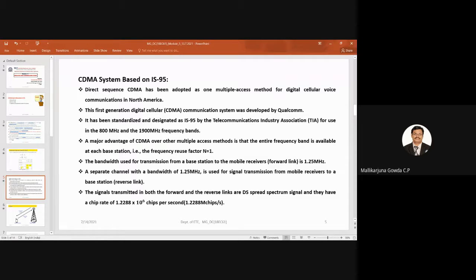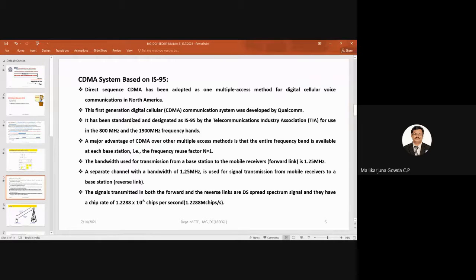I said the bandwidth used for transmission from base station to the mobile receiver, which we call the forward link, is 1.25 megahertz. Similarly, from mobile to base station, another 1.25 megahertz is used, which we call the reverse link.